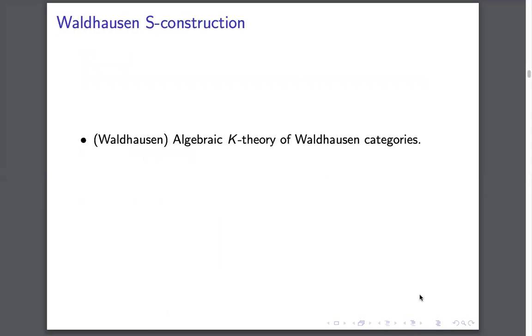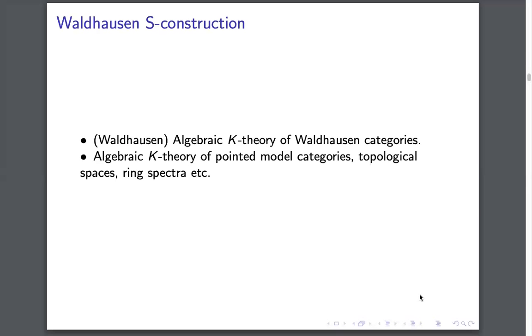So I gave you the definition of algebraic K-theory of rings. There are other definitions out there which allow you to define algebraic K-theory in more general situations. For example, there's what's called the Waldhausen S construction, which allows you to compute the algebraic K-theory of what are called Waldhausen categories. These are categories with a notion of cofibration and weak equivalence, of course satisfying some axioms. For instance, this allows you to define algebraic K-theory for things such as pointed model categories, topological spaces, and ring spectra.